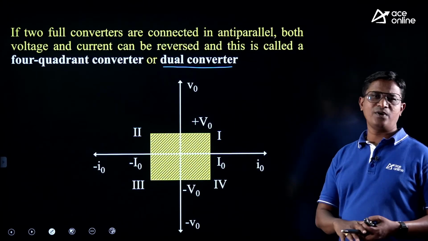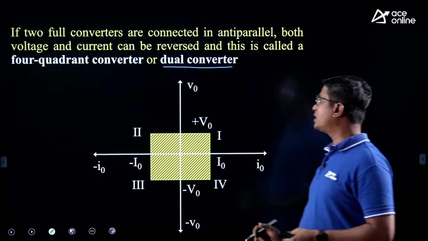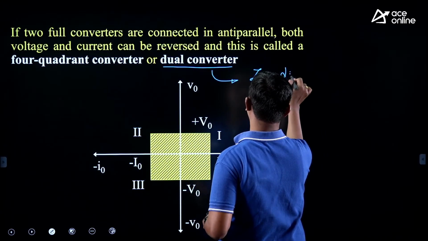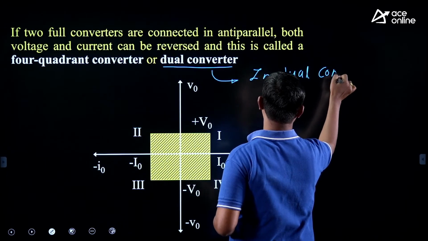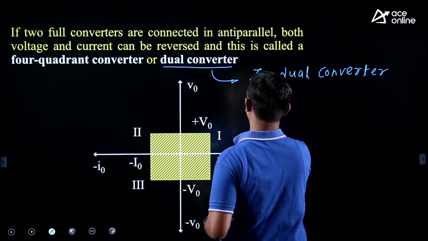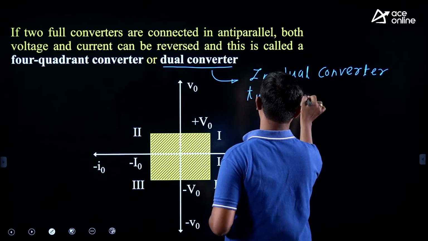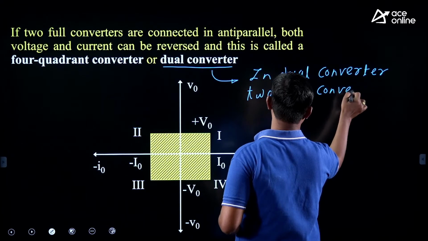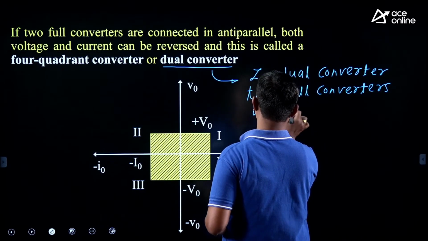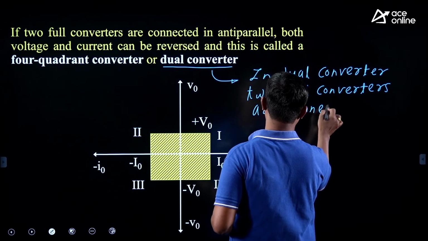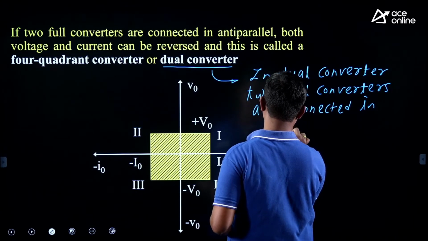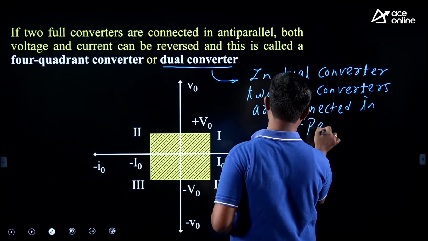Dual means what? Dual means 2. In a dual converter, what are we doing? 2 full converters are connected in anti-parallel.